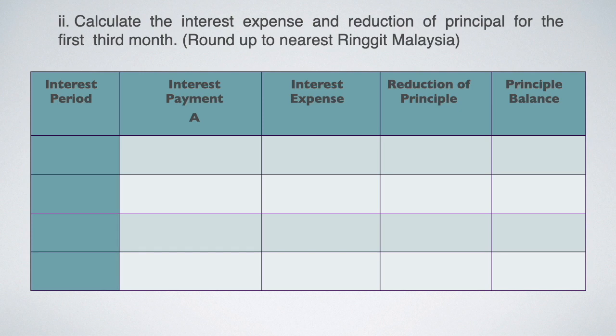Untuk selesaikan pengiraan interest expense dan reduction ini, kita nak you biasakan guna table macam ni. Okay. Table yang pertama tu dekat kolom yang pertama ada interest period, lepas tu interest payment berapa, lepas tu saya letakkan nilai A, interest expense B. Dia ada formula di situ. Kita akan lihat bagaimana formula ini digunakan.